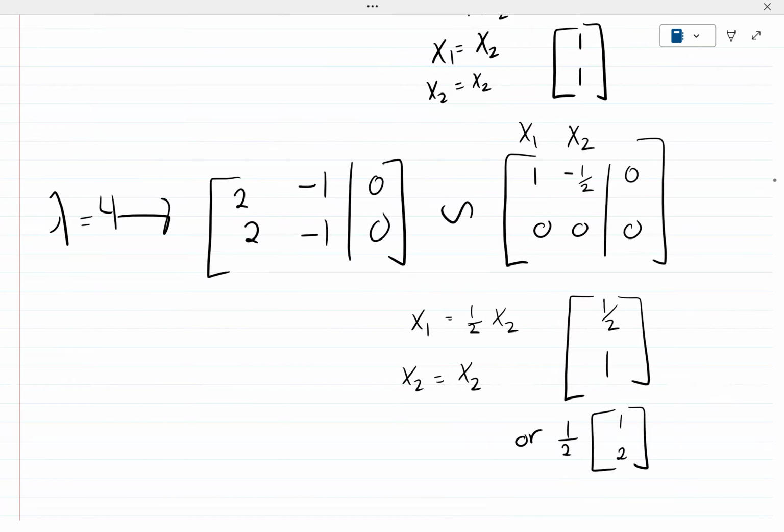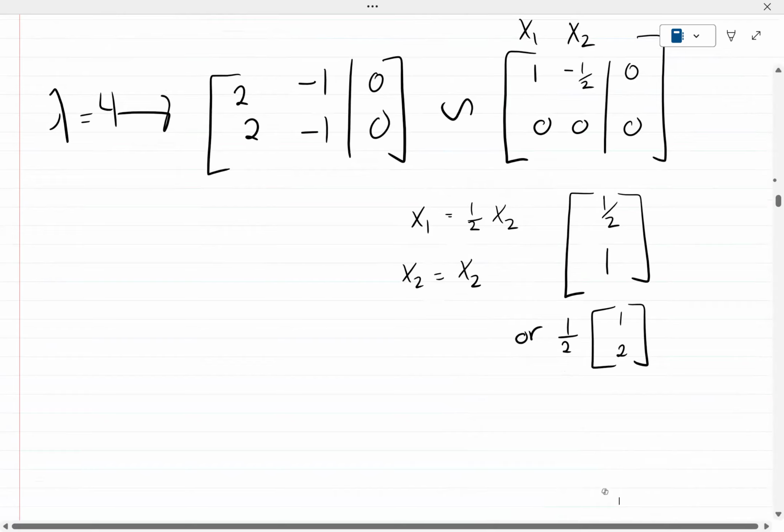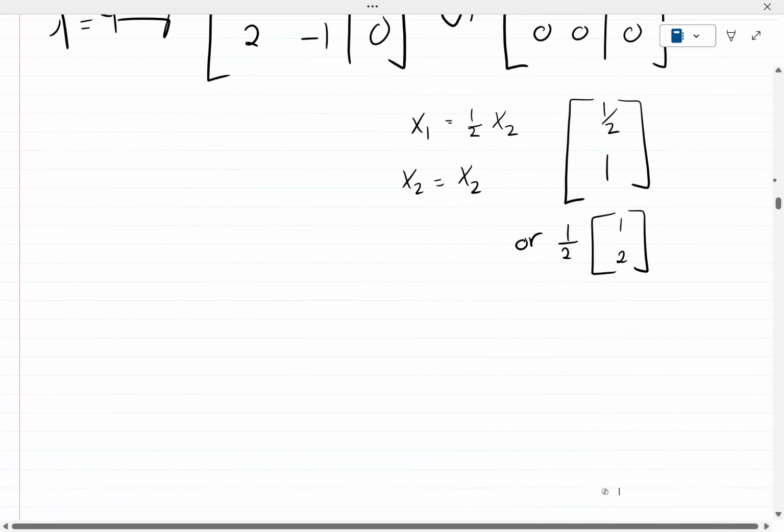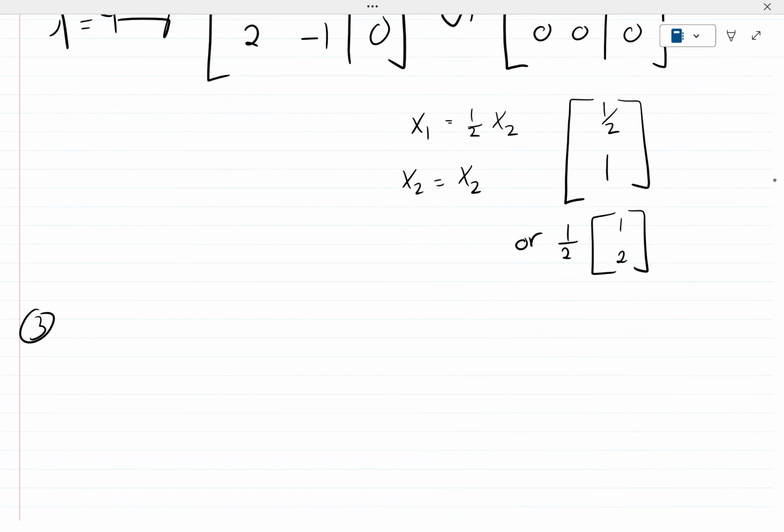Okay, now step 3, we've got to find P. So P is basically our vectors. So step 3, our P is going to be, our first vector was 1, 1. And then my second vector was 1/2, 1.